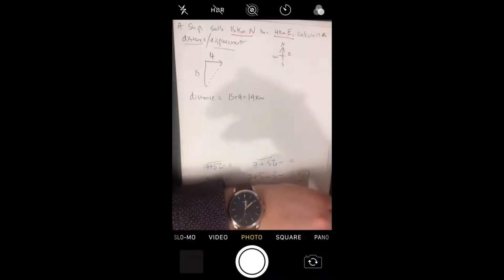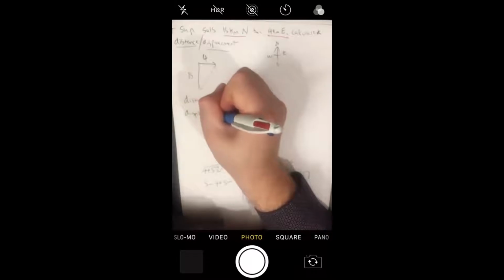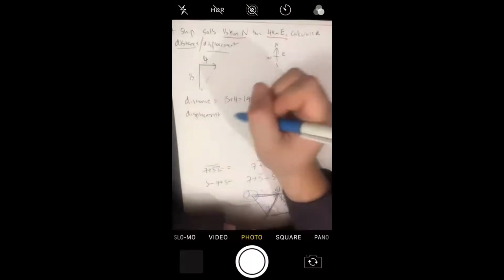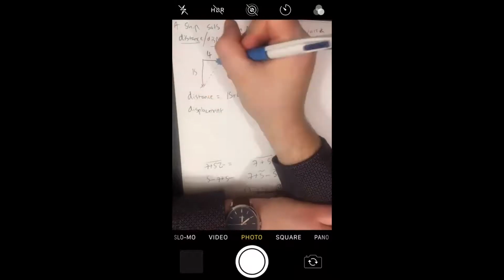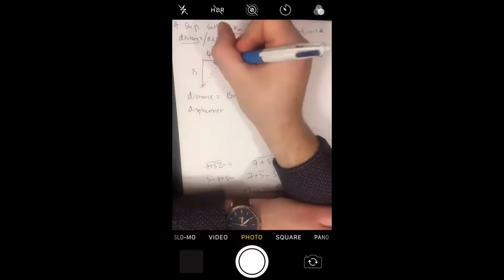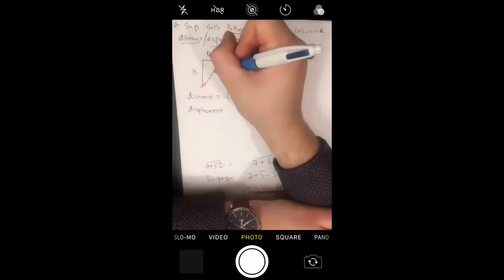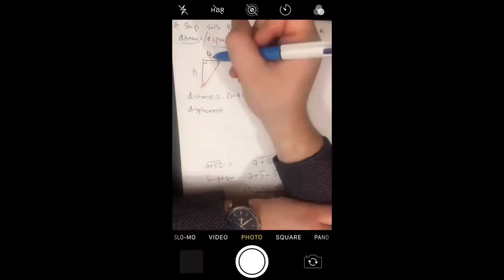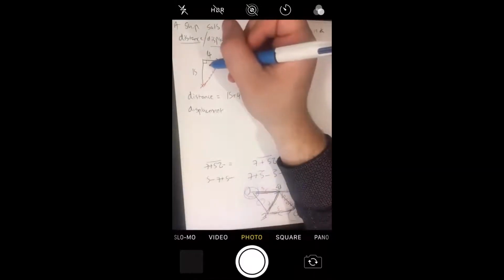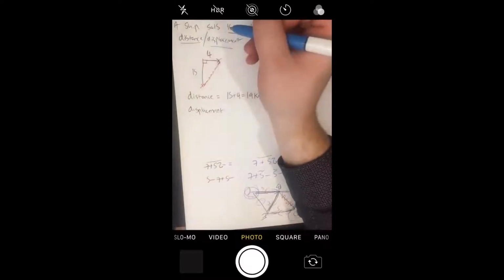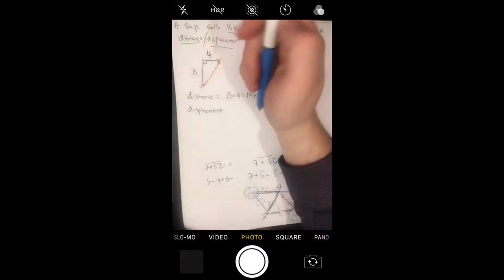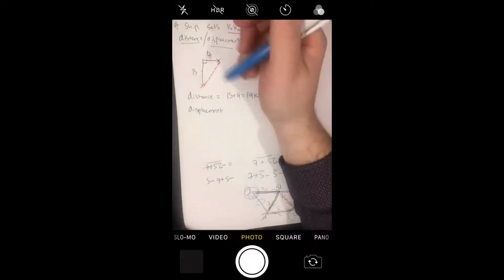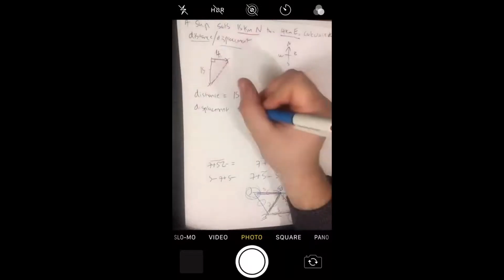Displacement, on the other hand, is going to be a bit more challenging. To work out the displacement, you need to work out how far you are from the start to the end, the shortest distance, which happens to be this line here. Now, to work that line out, we need to do two things. It's a vector, so we need to combine these two vectors, the north vector and the east vector. First I'm going to work out the size.